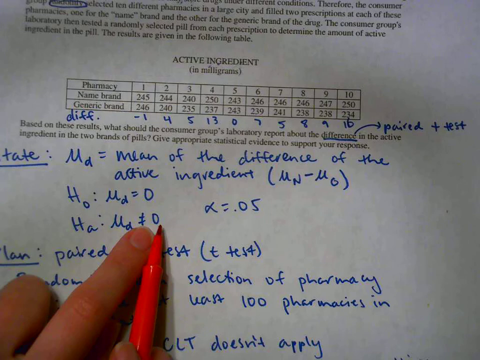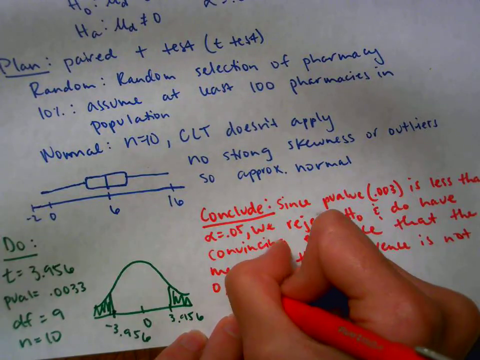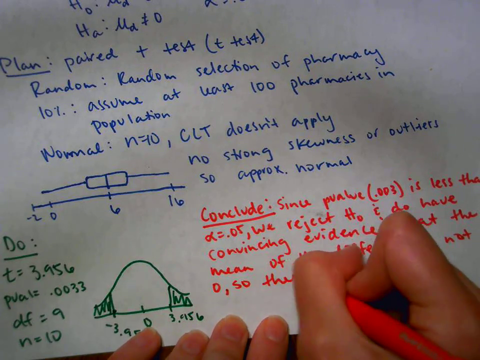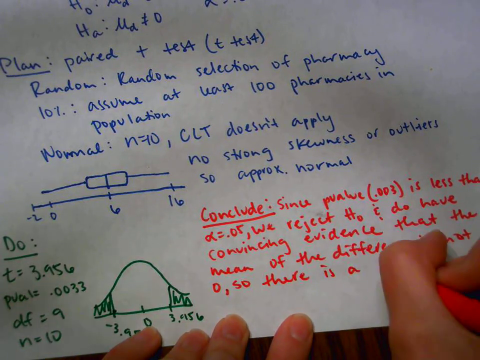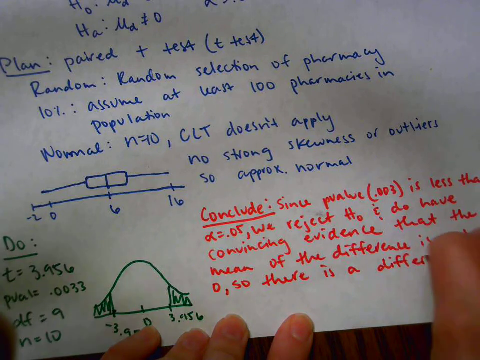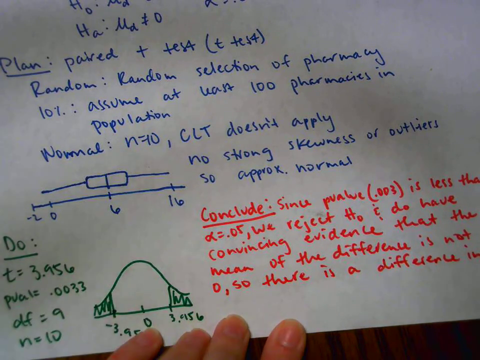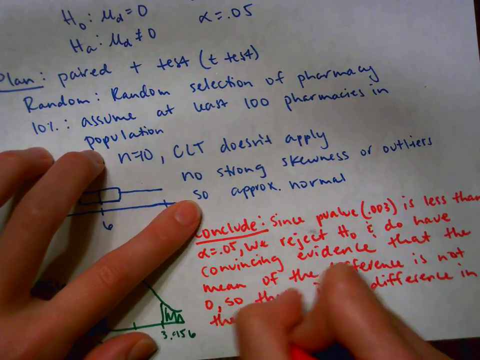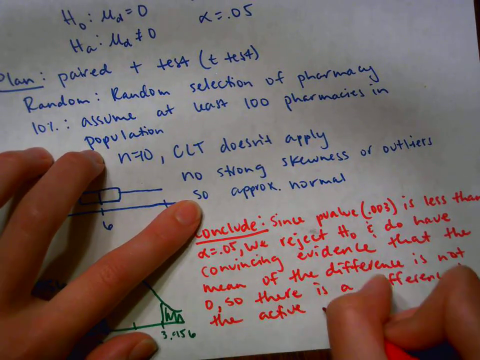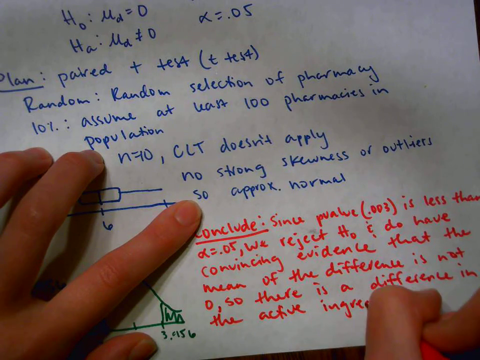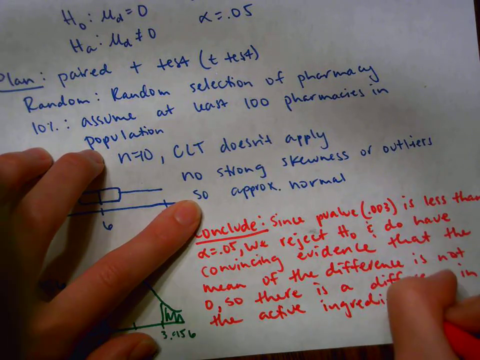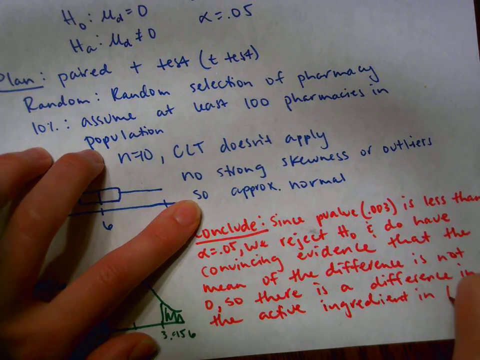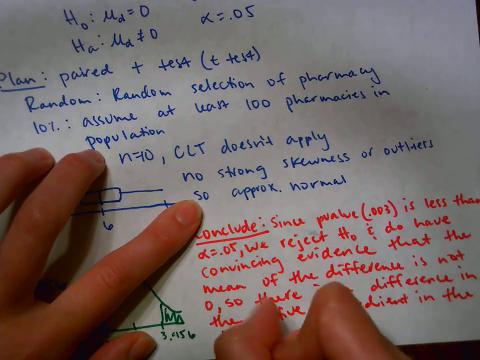What does that mean? If the mean is not 0, then that means there is a difference. And I'm going to put so there is a difference in what? What were we talking about? In the active ingredient in the 2 brands of pills.